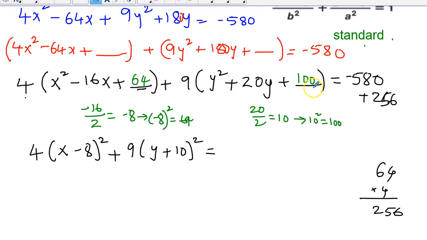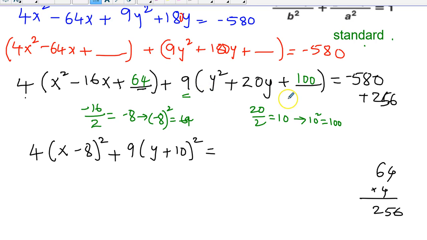And this 100 is included by us. We brought in 100 into the picture. That 100 is not just 100, but 100 times 9. That is, on the whole, 900 is added on the left hand side.